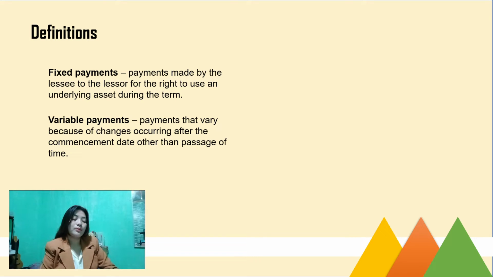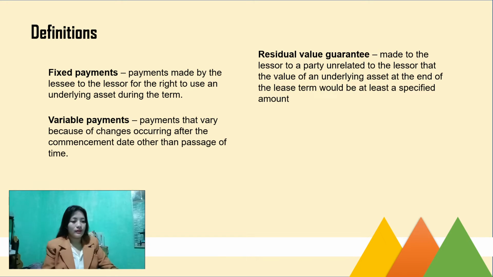So that is a fixed payment. Next is the variable payments. Payments that vary because of changes occurring after the commencement date other than the passage of time. So, opposite ng fixed payment, we have variable payments, meaning ito yung mga payments na nagbabago. Next is the residual value guarantee, made to the lessor by a party unrelated to the lessor that the value of an underlying asset at the end of the lease term would be at least a specified amount.